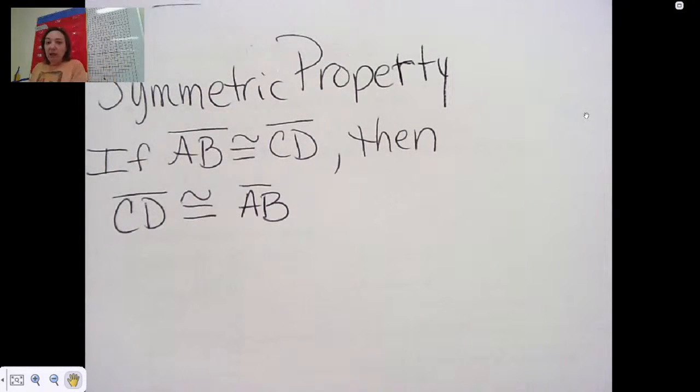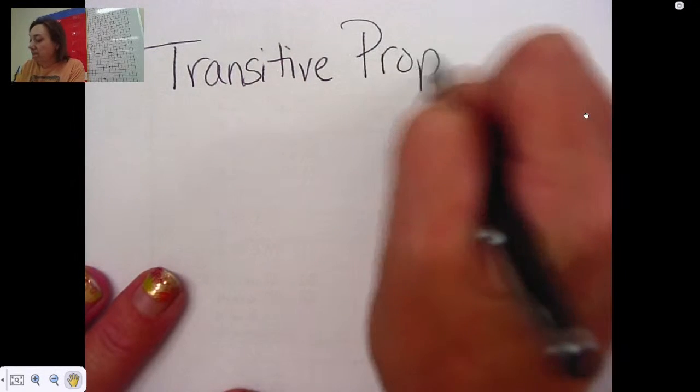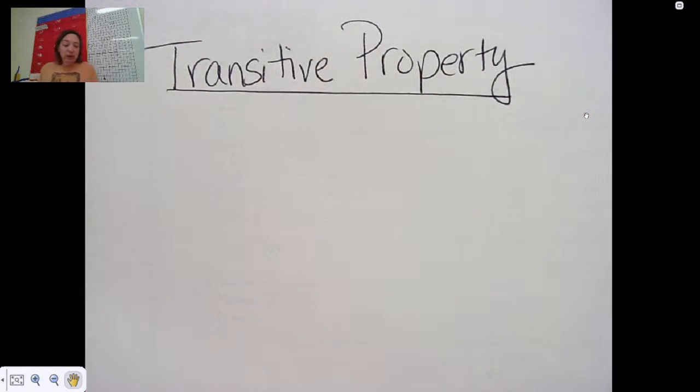Okay? And then the last one that we're going to look at is called the transitive property. And the transitive property is going to look real familiar to you. I said last one, we actually have one more.